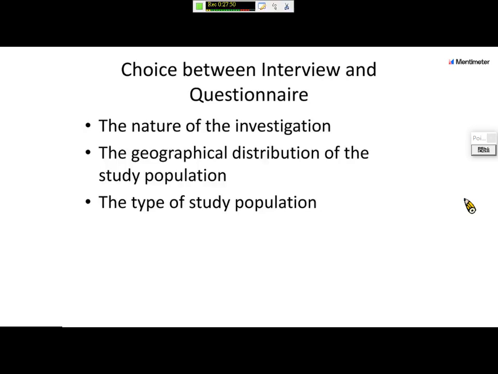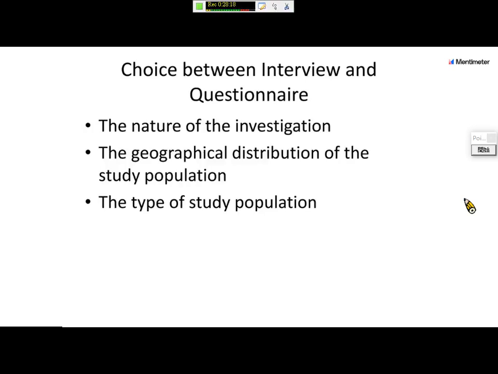And also the geographical distribution of the study population. If you want to have the data from a group of experts who live not only in Kaohsiung City, who live everywhere, in Beijing, in Shanghai, in Tokyo, in Washington, D.C., then it is very unlikely for you to do a personal interview, right?